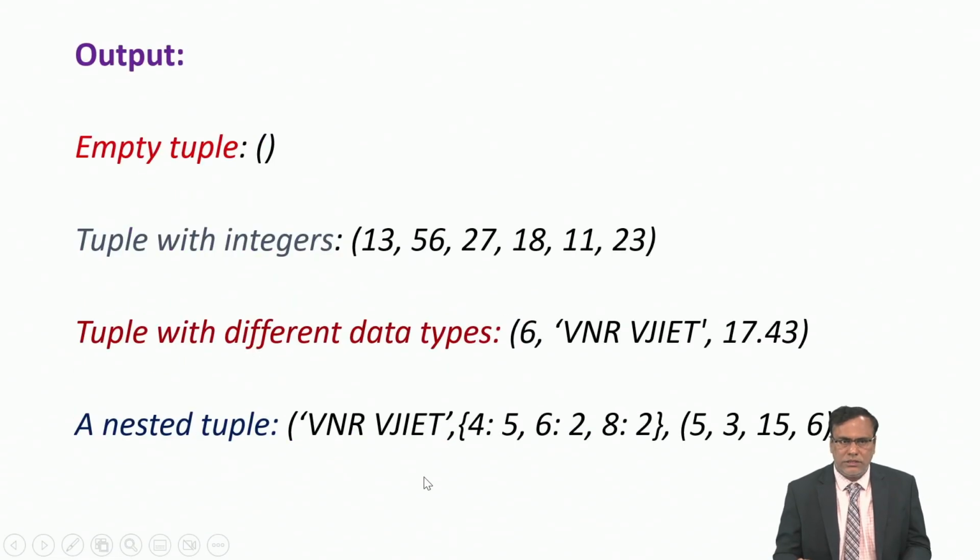In the next slide, I have shown the output when you execute this code. First we created this empty tuple and printed it, so you got that empty tuple. Then the tuple with integer data got printed, and then the tuple with different types of data, and also the nested tuple content is displayed here.